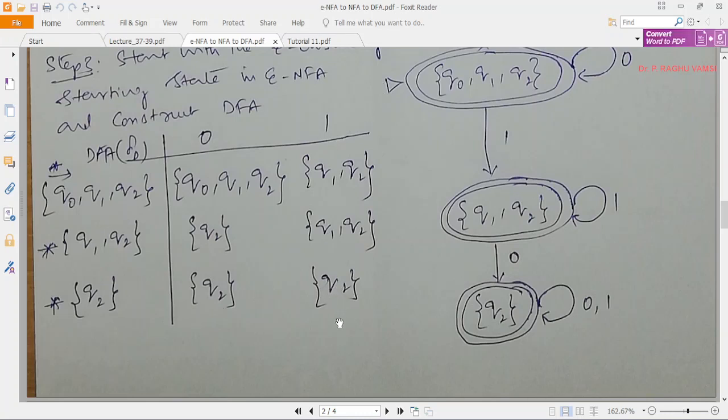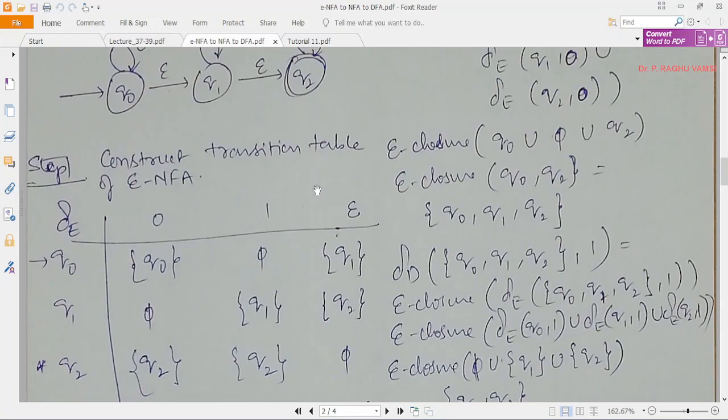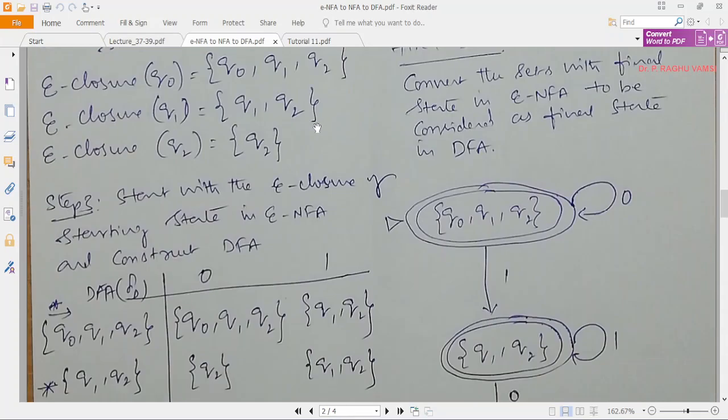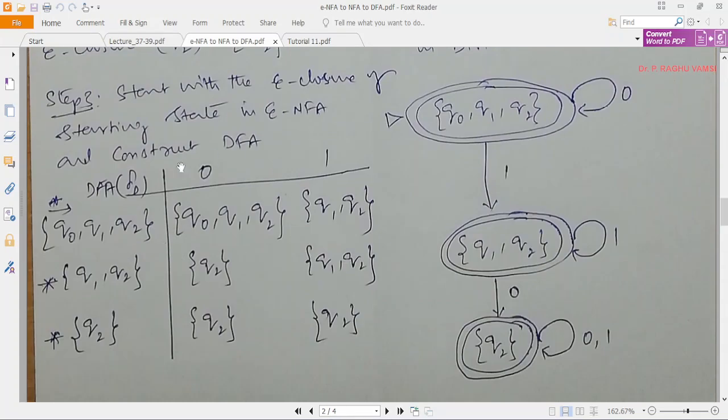Now, we all know that in the construction of the DFA, whatever is the final state available in the epsilon-NFA, the states containing that final state must be considered as final states. So here in this set, we have Q2, hence it should be made a final state.